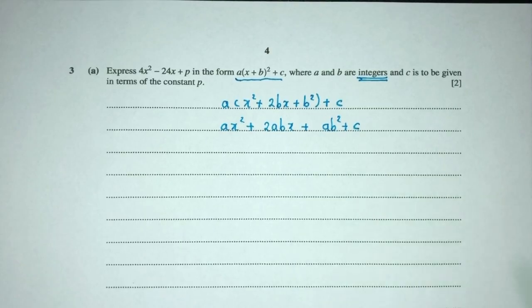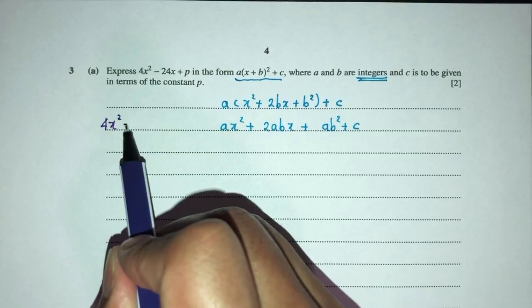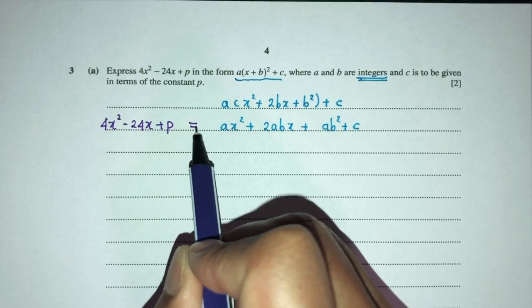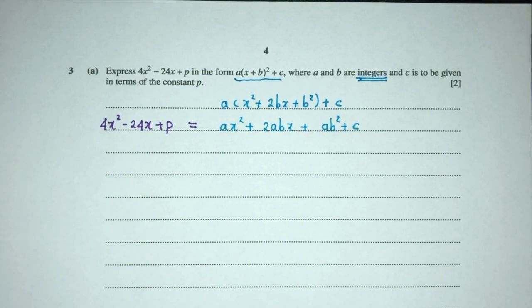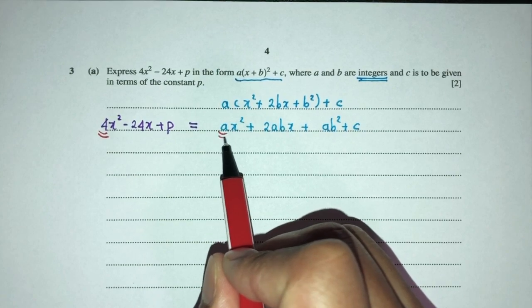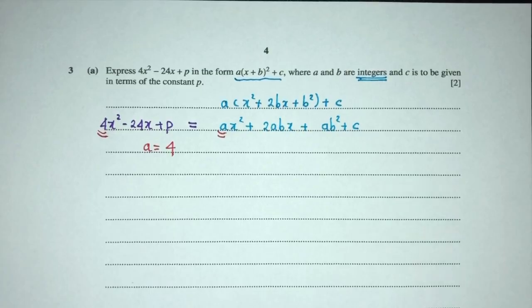Now I can solve this by comparison. That should become 4x² − 24x + p, which is supposed to be in this form. Now by comparison, I can have this should be this, which is a has to be 4 by equating coefficients.